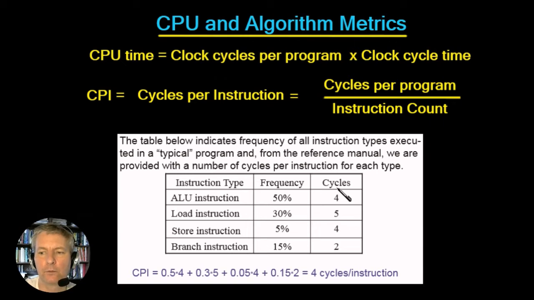And then we can work out an average of our cycles per instruction by multiplying this 0.5 by 4, 0.3 by 5 and so on and so forth, and this would give us a value of 4 cycles per instruction. So there's going to be on average 4 fetch execute cycles per instruction in an average computer.